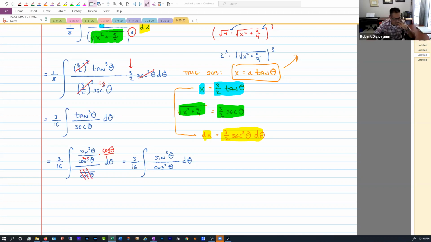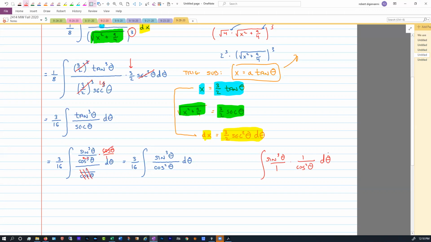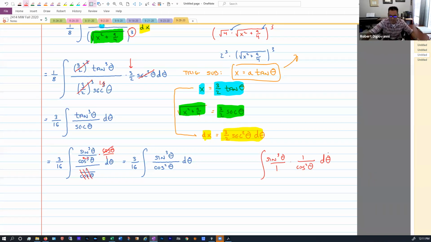Just put the sine cubed theta over 1 and then multiply that by 1 over cosine squared theta. Okay, yeah, so I think what you're saying is this. Could we write it like this, and then 1 over cosine squared theta, right? Yeah, you can do that. Algebraically, that's correct. My question would be, then what? At that point, what do you want to do? How did that help you?